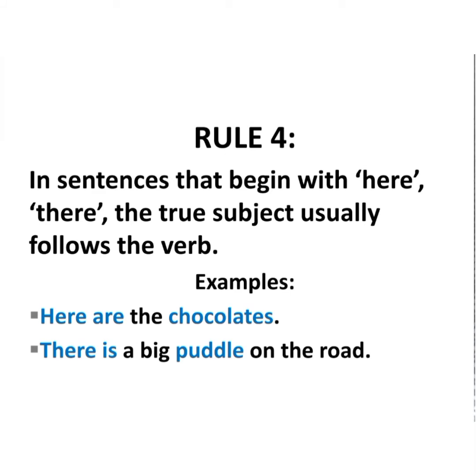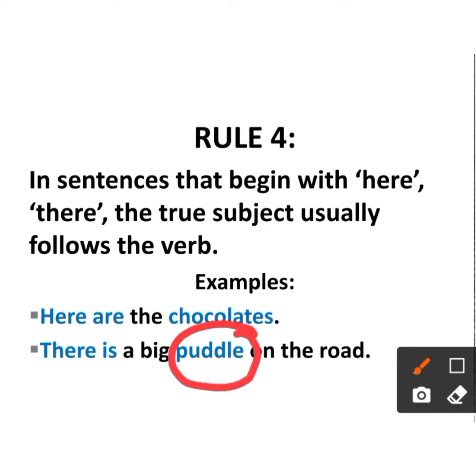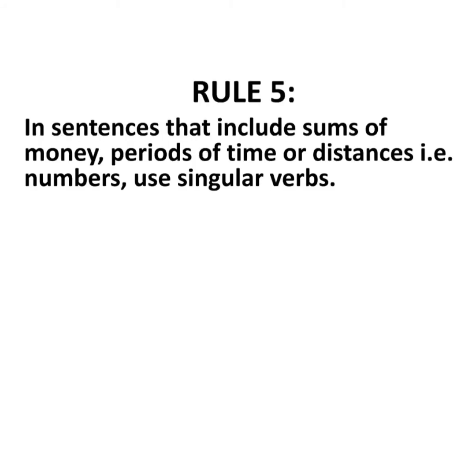There is a big puddle on the road. So here the subject puddle is singular, so you must have singular verb. Rule number 5. In sentences that include sums of money, periods of time, or distances, that is numbers, use singular verbs.